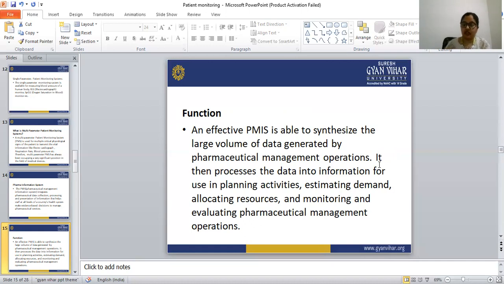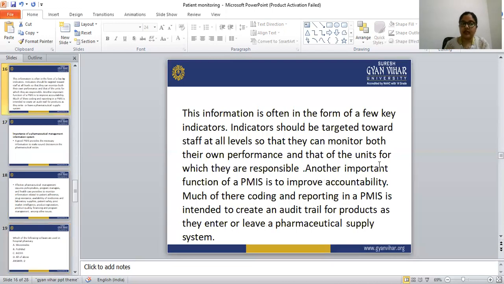So this is the function of the PMIS. The information is often in the form of a few key indicators, and indicators should be targeted towards staff at all levels so that they can monitor both their own performance and that of the unit for which they are responsible.